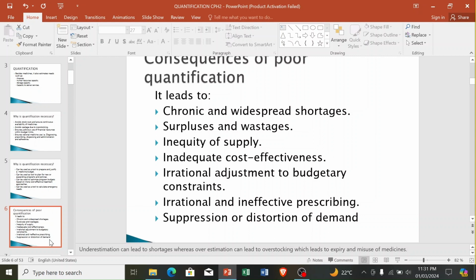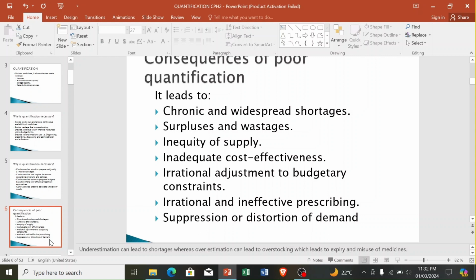So let's see the consequences of poor quantification. In case we do not take quantification seriously, and we don't keep in mind how useful it is, we will have to face some of the challenges, some of the consequences, or we can say effects of poor quantification.